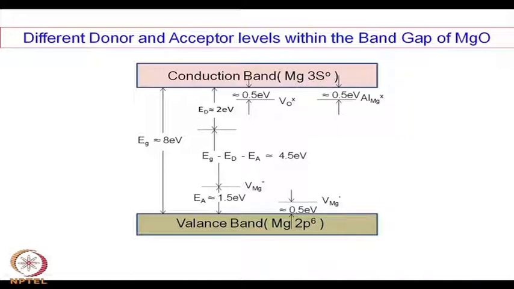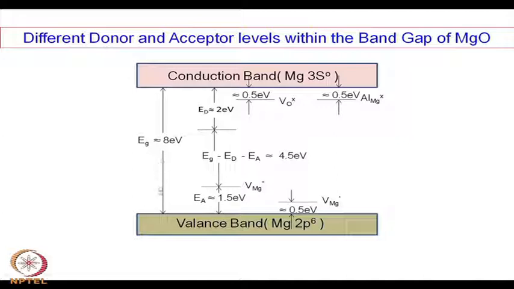But once we add the electrons, it becomes 3s2. Here the electrons are already there. So, the Mg 2p6 actually acts as the valency band, the next highest level, and this Mg 3s0 becomes the conduction band.